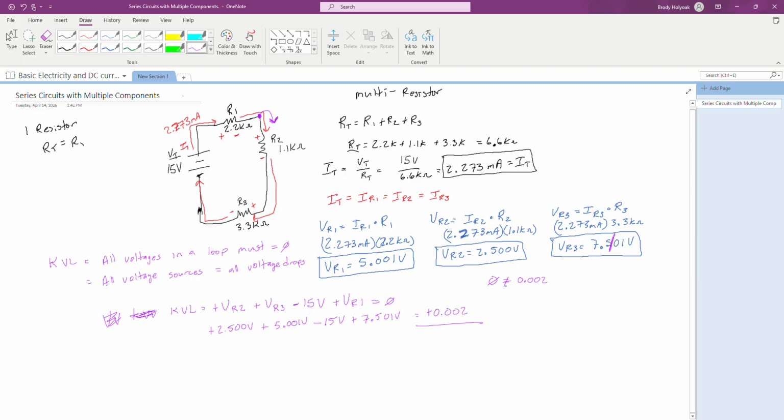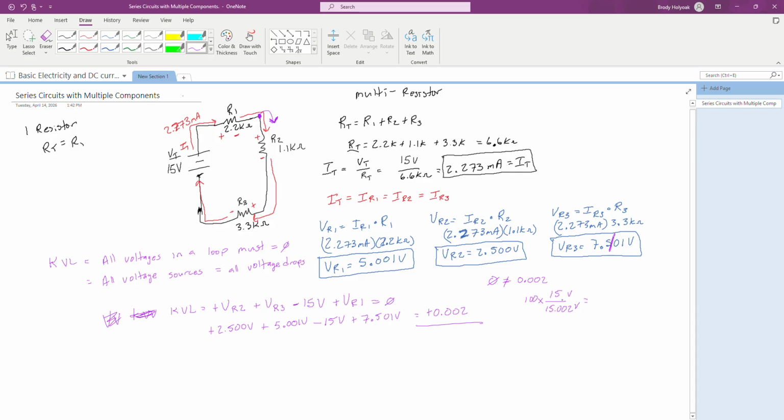So even if we were to look at this value, with our 15 volts compared to the 15.002, even if we just did that calculation, 15 volts in and 15.002 volts out, and just looked at it as a percentage, so then we're going to take this number, multiply it by 100 to turn it into a percentage.